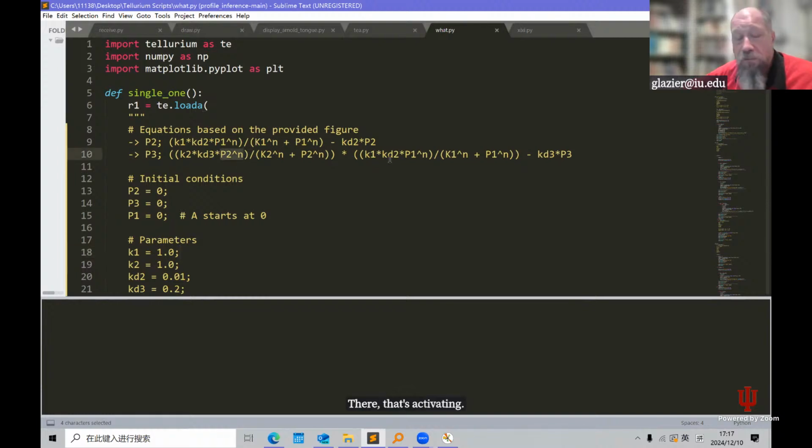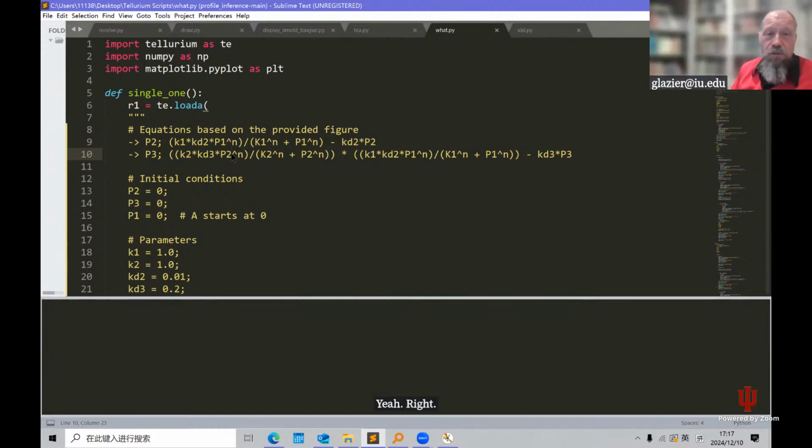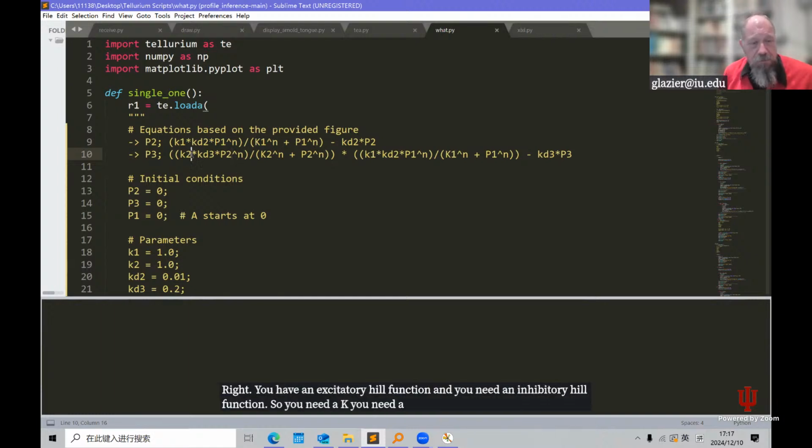So you have all of the circuits being green. So you want to replace P2 to the n by K2 to the n in the first part of that equation. Right. You have an excitatory Hill function and you need an inhibitory Hill function. So you need a K2 there.